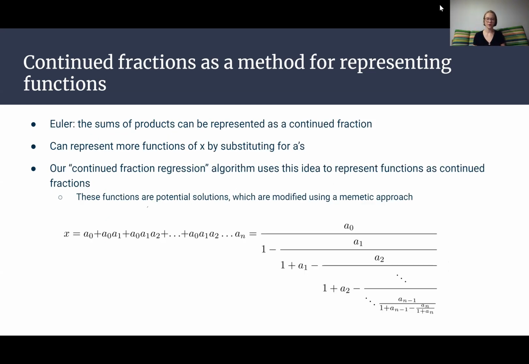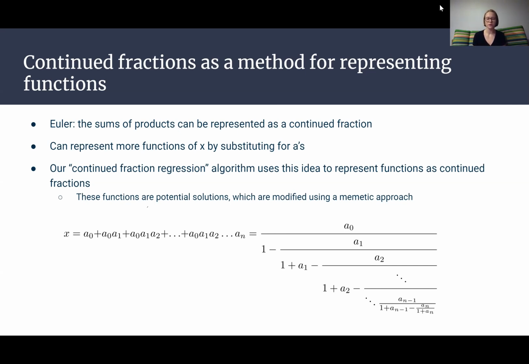So how is this helpful to us? Well, Euler told us that you can represent the sum of products as a continued fraction. The sum of products is a polynomial, which is a class of functions, but only a type of function. It's not all functions. And we really want to be able to replicate any kind of function we're going to come across, whether it's a polynomial or a trigonometric function or anything like that.